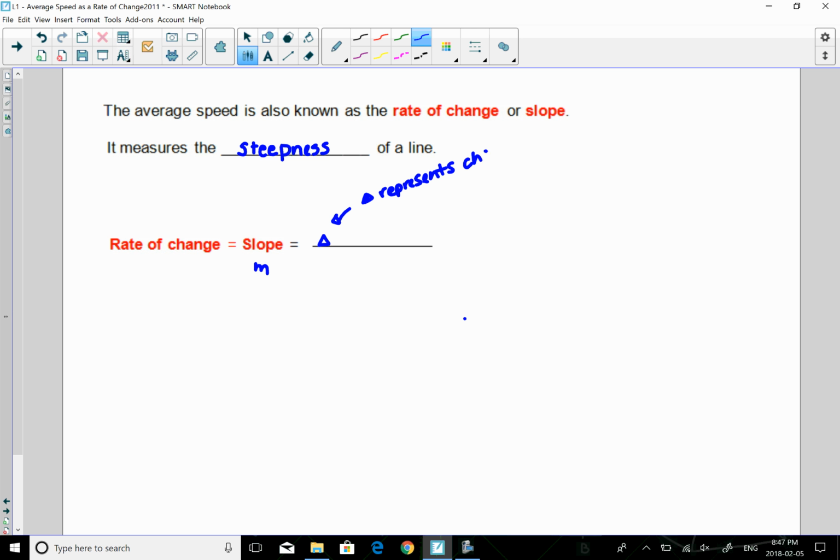In math, it's a symbol used for change in the dependent variable, sometimes known as our y variable, over the change in the independent variable.